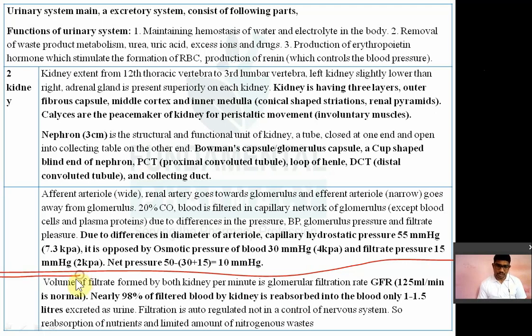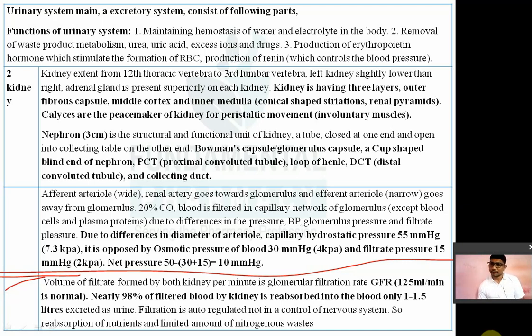Now, the volume of filtrate formed in both kidneys. The volume of blood that is filtered in the glomerulus of the kidneys per minute is the glomerular filtration rate, GFR, that is around 125 ml per minute.